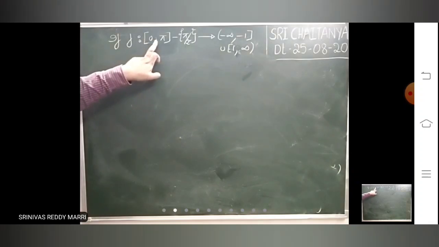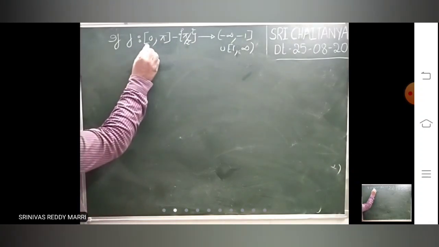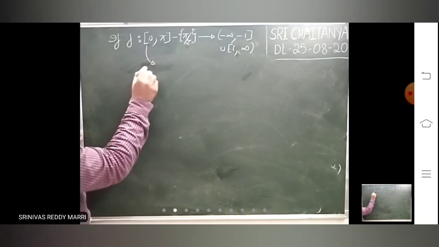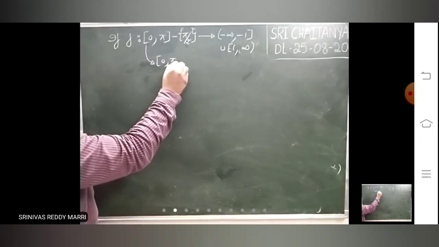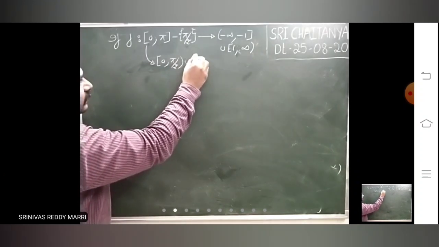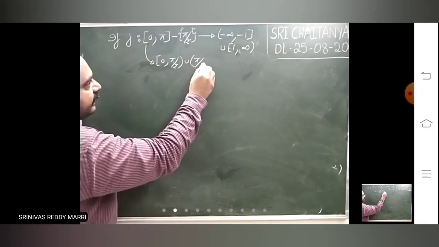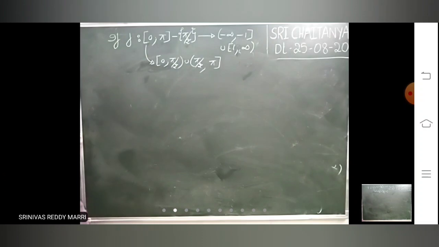Look at 0 to pi minus pi by 2, which means pi by 2 will not be there. This interval is the same as 0 to pi by 2, pi by 2 will not be there, open interval, union pi by 2 comma pi. This is also the same as the above one.